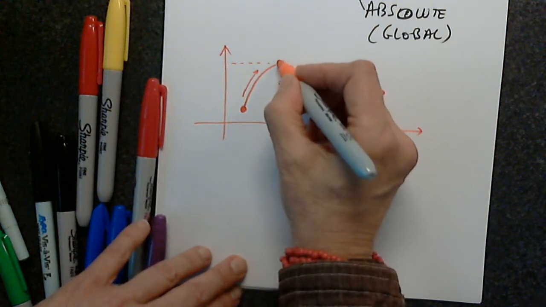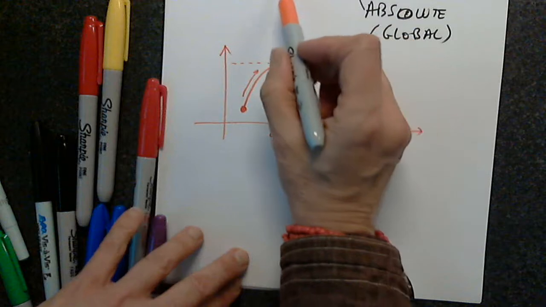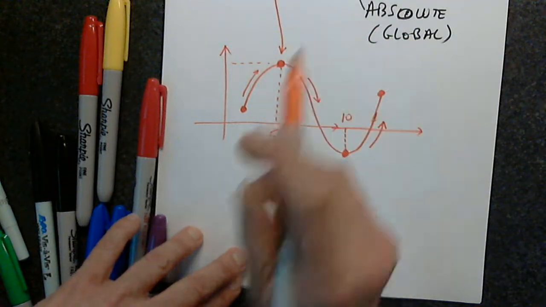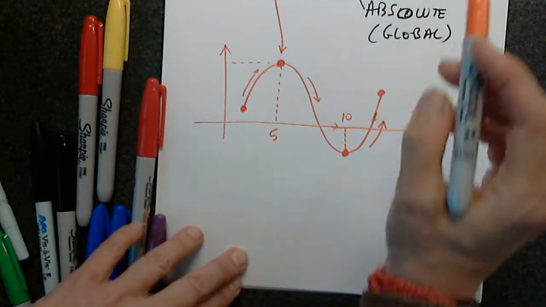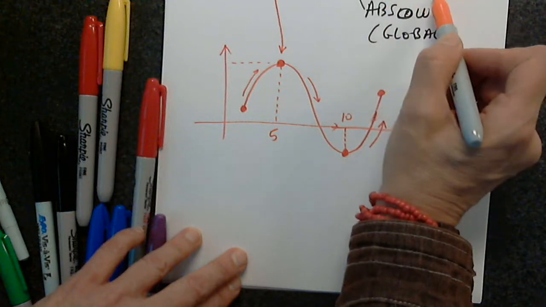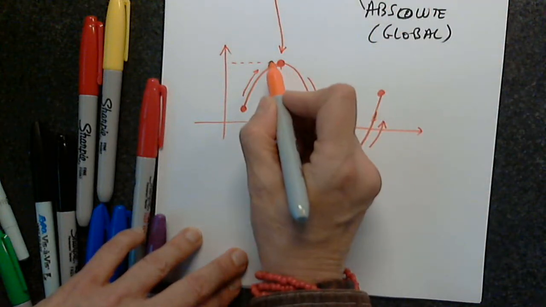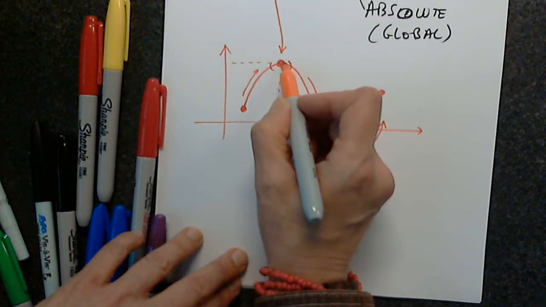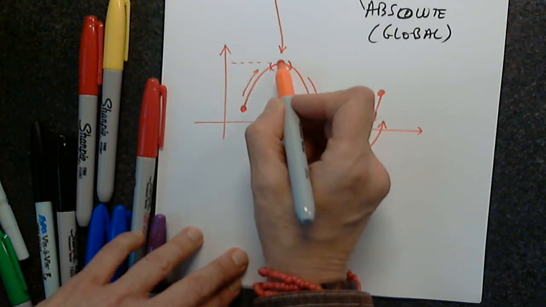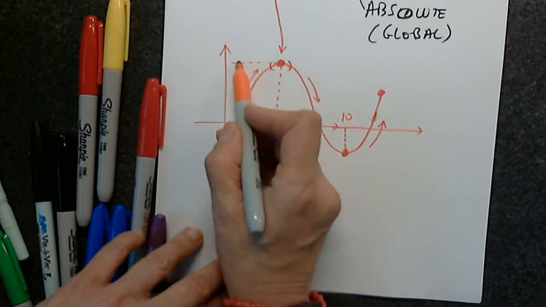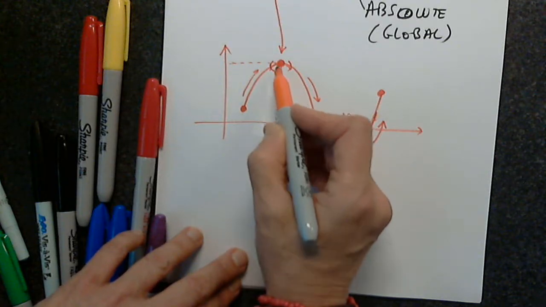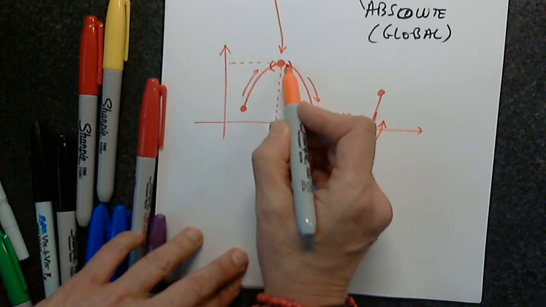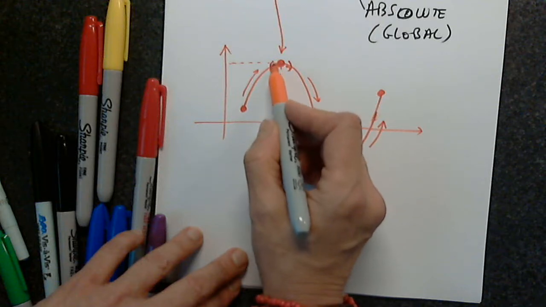This particular point is called a maximum, and it's a relative or local maximum because I can show an open interval around it where all function values are smaller than that function value. This is the highest. And I can show the open interval that shows that all these points are lower.